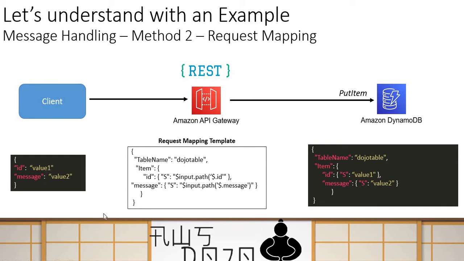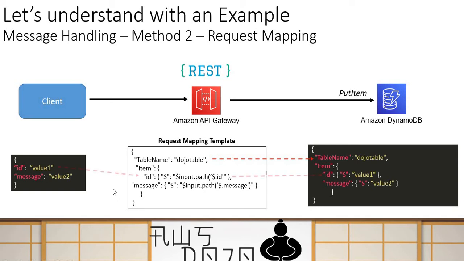In this case, this part is hard coded into your template, saying my table name is Dojo table. Now think of a scenario where your table name changes. All you need to do is simply come to the request mapping template, change the table name, and voila, you are good. Your client need not know.